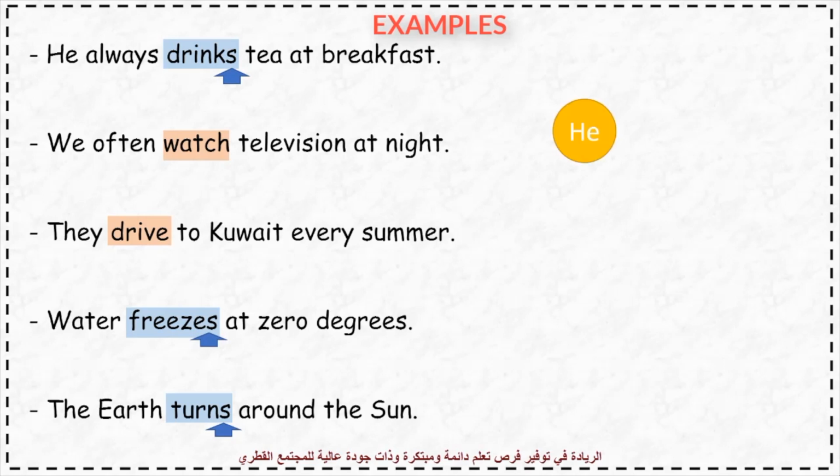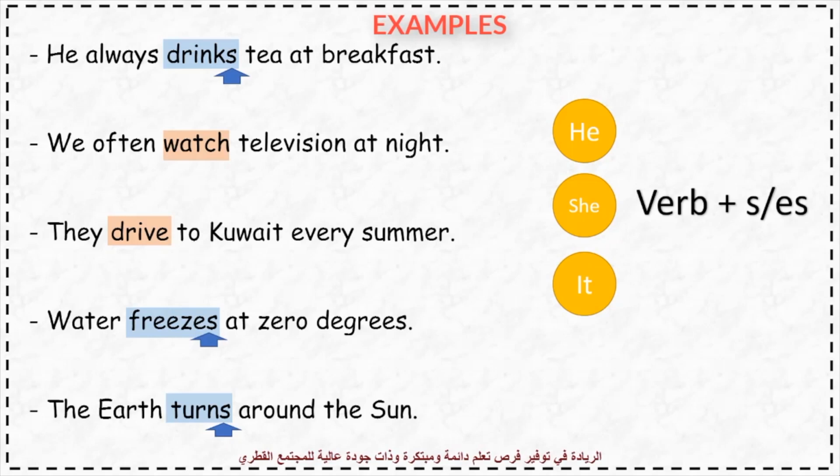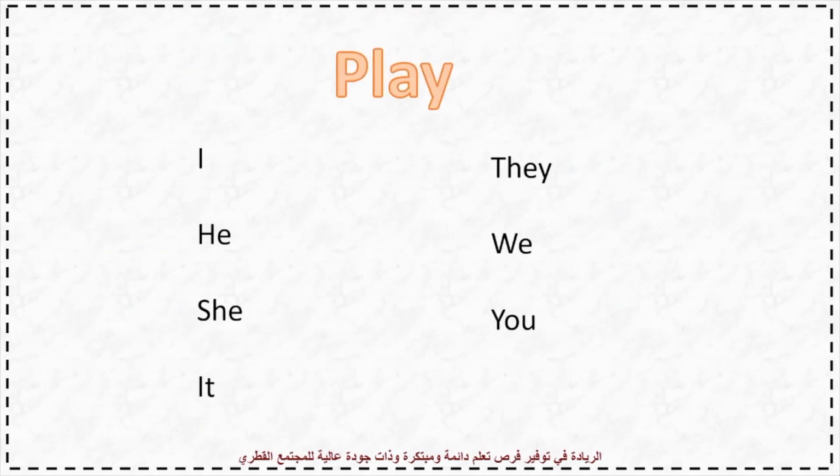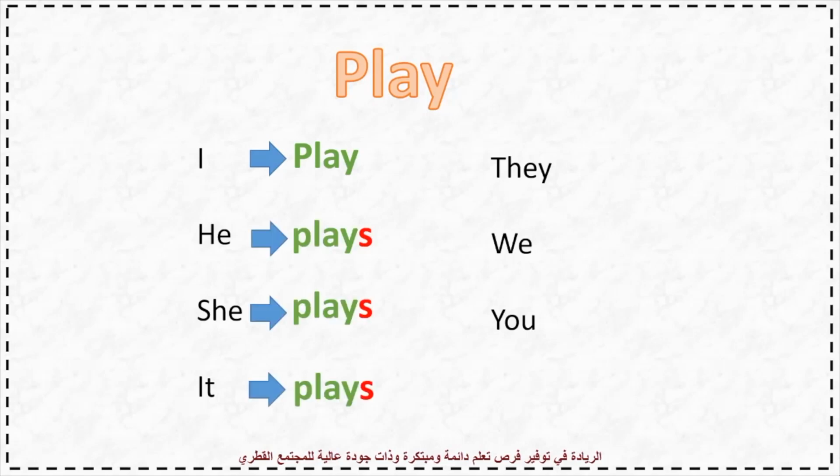Whenever we have he, she, or it as a subject, the following verb takes an s. For example, let's have a look at the verb play. So we say I play, he plays, she plays, it plays, they play, we play, you play.